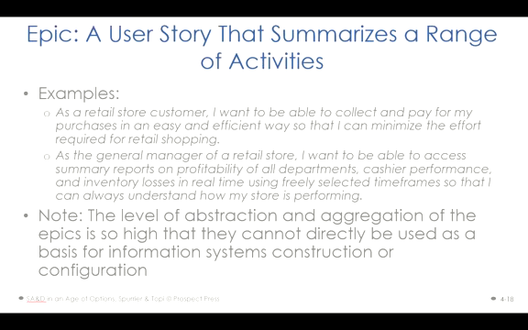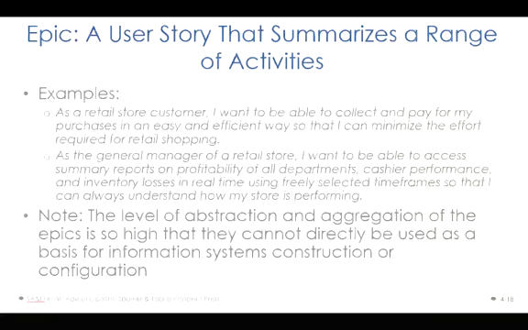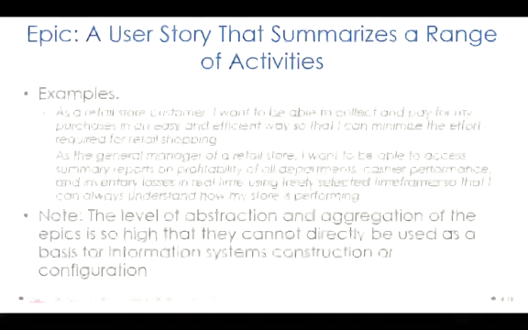After you formalize and determine that this particular user story is important, you write something we call the epics. It is a user story that is summarized from different perspectives and how they relate to each other.